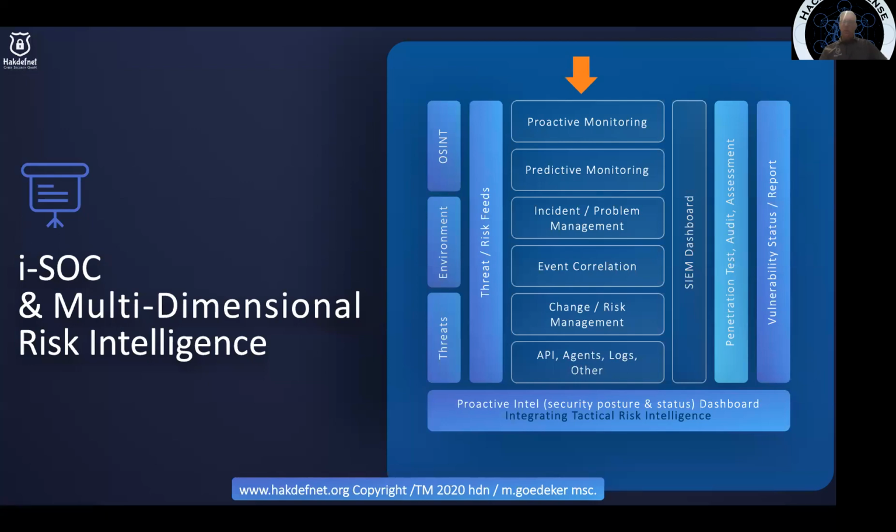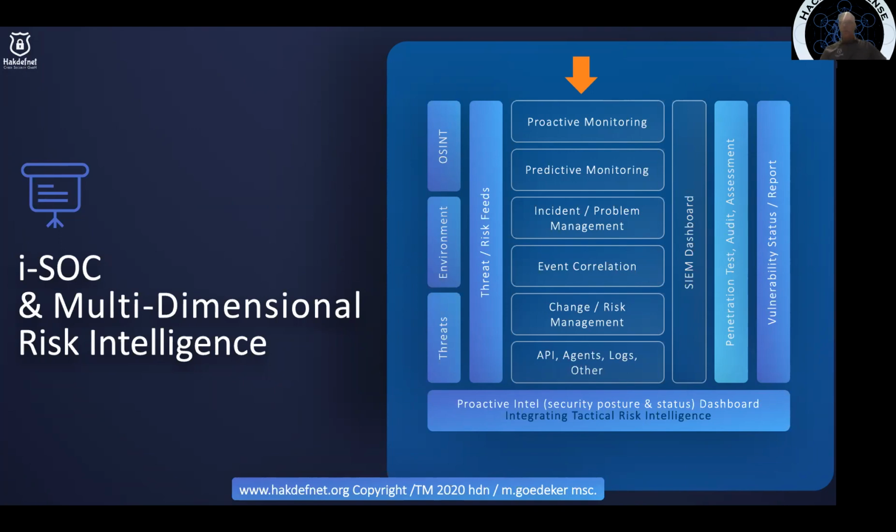We primarily started off in the middle with proactive predictive monitoring, the classical ITIL responses, event correlation with log files and data, then started to change into integrating changes and risk management information, and also have depended very heavily on logs, direct connections to agents, direct connections to databases, and now finally APIs.